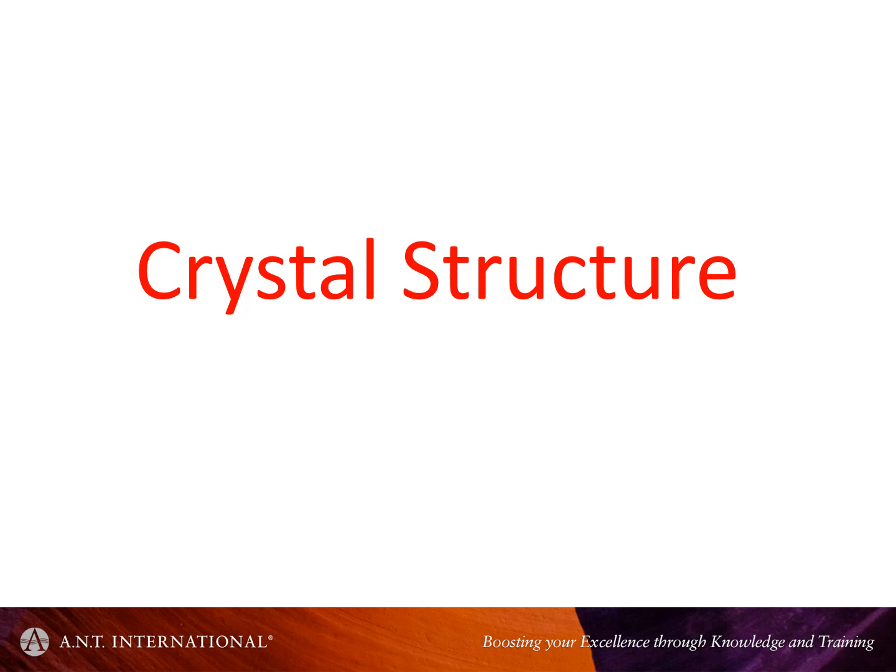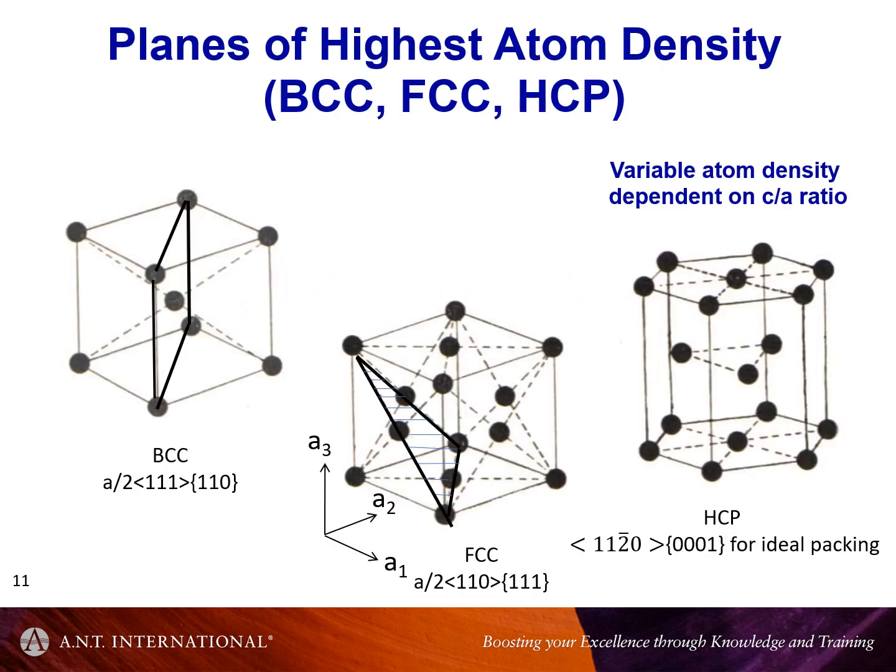Okay, let's move on now to crystal structure. It's my favorite subject. As you all probably know or have heard before, zirconium is a hexagonal close-packed material. What does that mean, hexagonal close-packed?